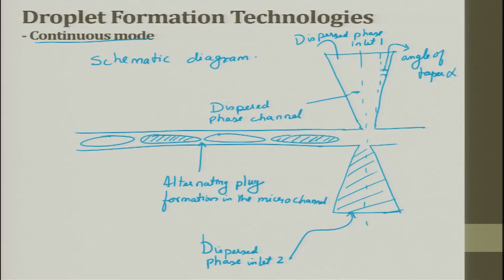This is a schematic diagram of the droplet generation device.